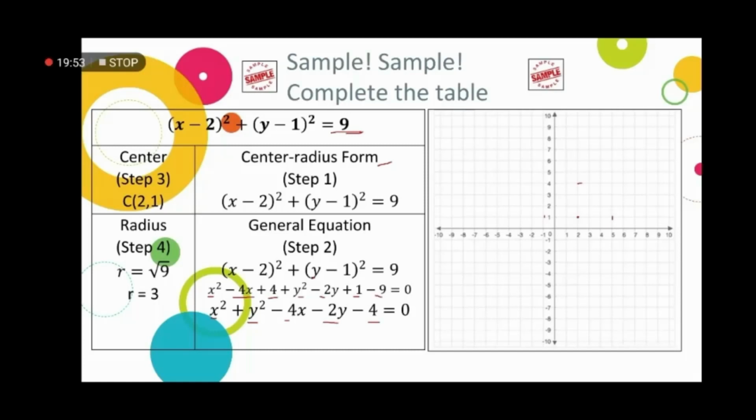And 1, 2, 3. So here's the center, so we got it right. And here's the circle. So that's the third given. Let's proceed.